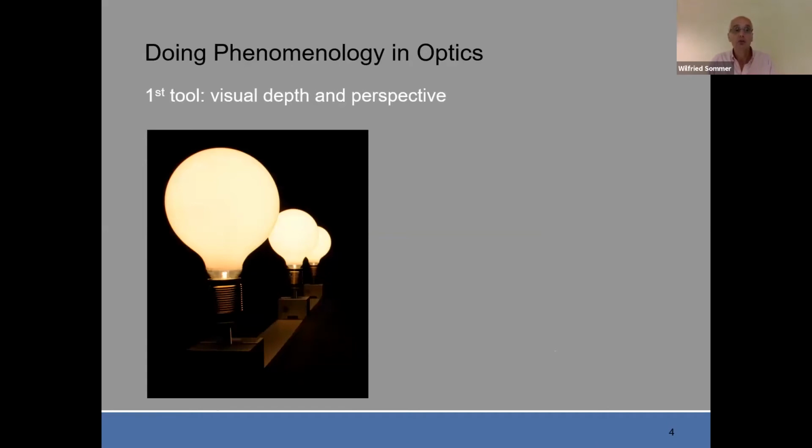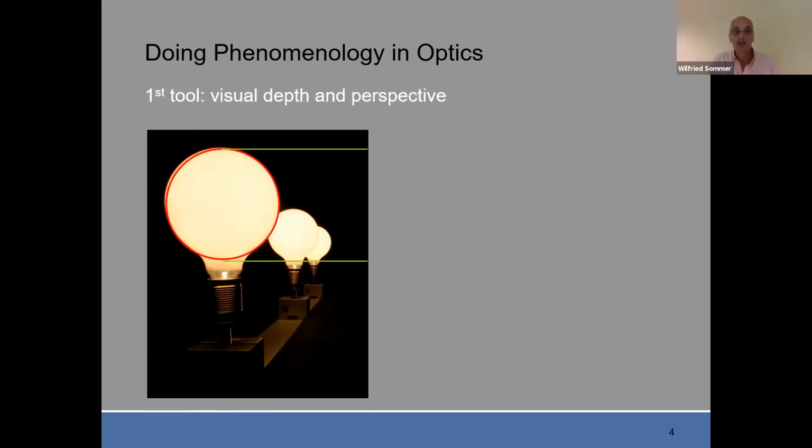You can always use those tools in looking and seeing, and just to relate it to three lamps being aligned in a row. Here you have the dimension of the first lamp.